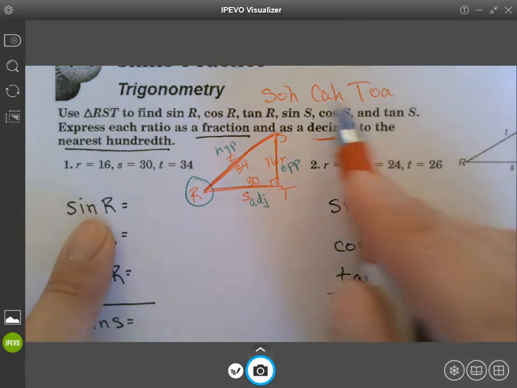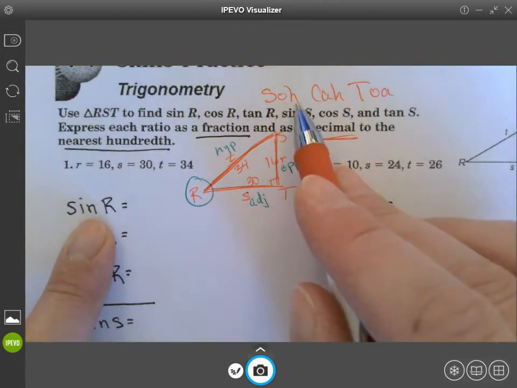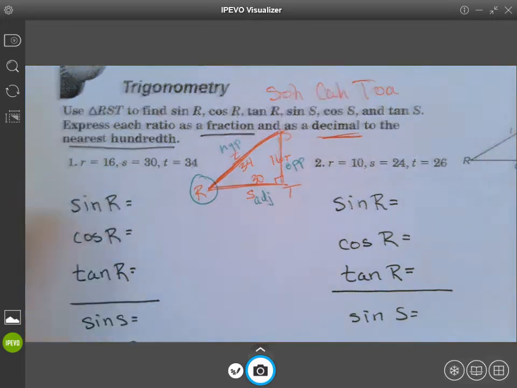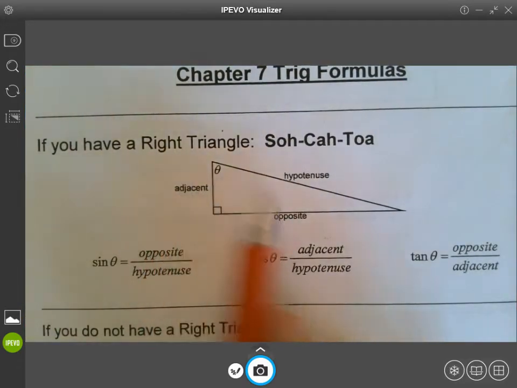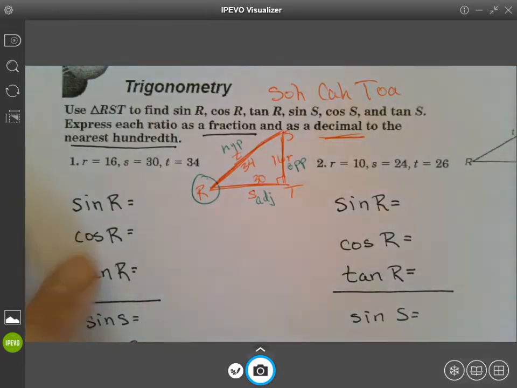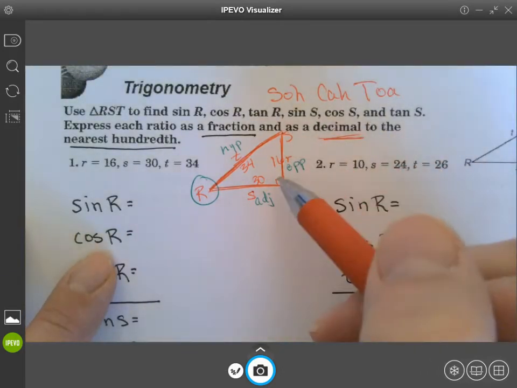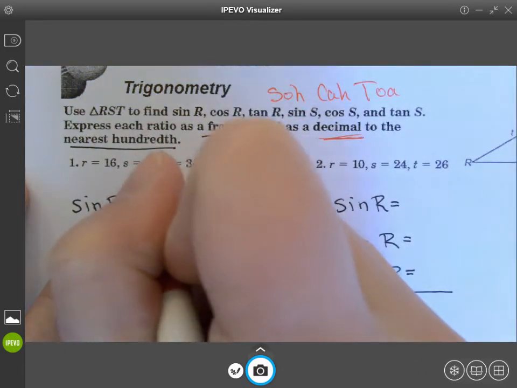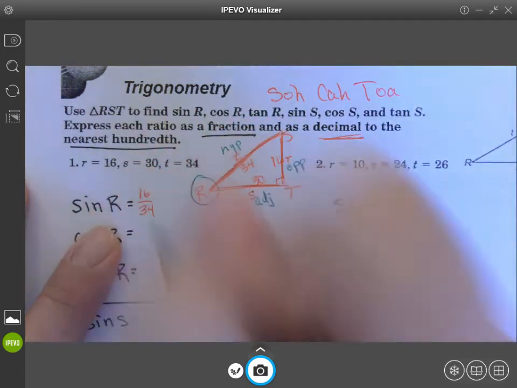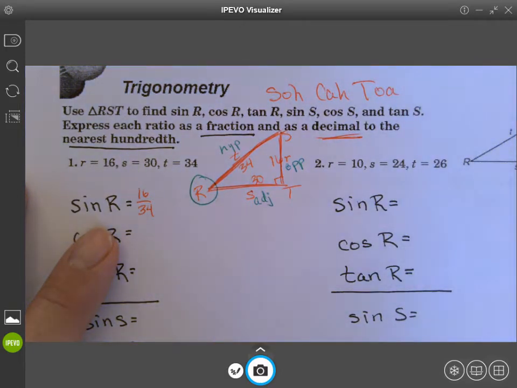So I know that sine is opposite over hypotenuse. Now, you can also use your little sheet where it has it written out for you, and it's reminding you of the sides based on that angle. All right, so if I am doing opposite, which is 16, over hypotenuse, which is 34, you can't leave it like that. So we need to toss that in our calculators and reduce it, or you can divide it by hand.